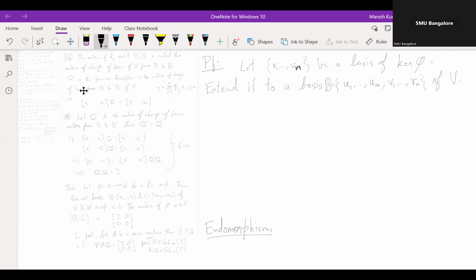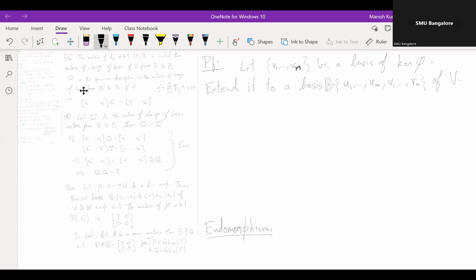The kernel of phi will somehow not play any role in the formula for the matrix in some sense, so we shouldn't worry about it. But remember, if you take a basis of the kernel of phi, you can extend it to a whole basis of V. You extend it by adding some more vectors in V and call those vectors U1 to Un, and you write them first and then V1 to Vn.